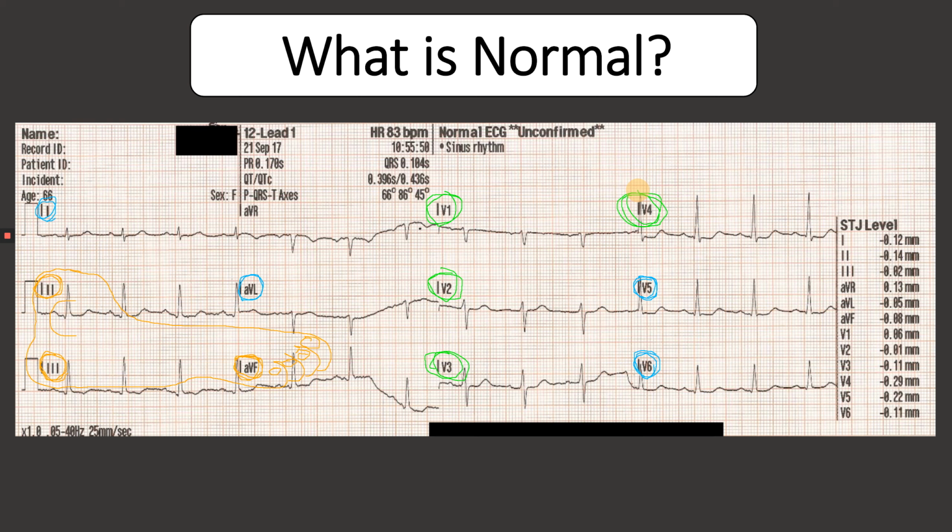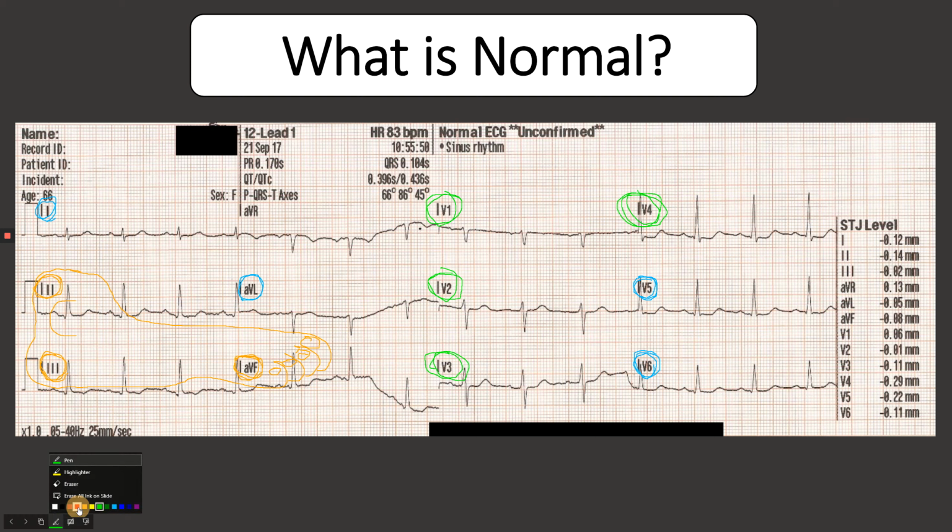All of these leads are looking at the left ventricle. So 2, 3, and AVF, we're looking at the bottom of the left ventricle. 1, AVL, V5, V6, side of the left ventricle. V1 through V4, front of the left ventricle. So looking at these, this is how they're kind of grouped up.